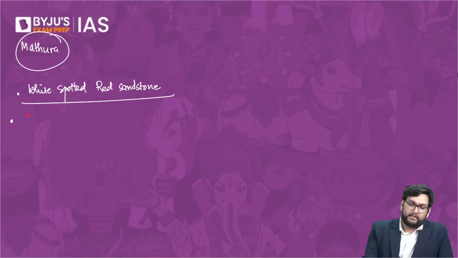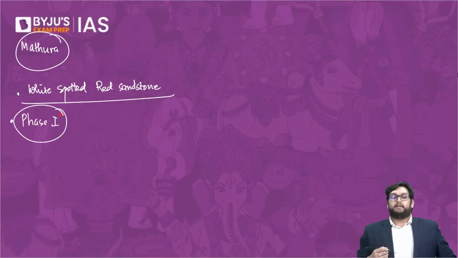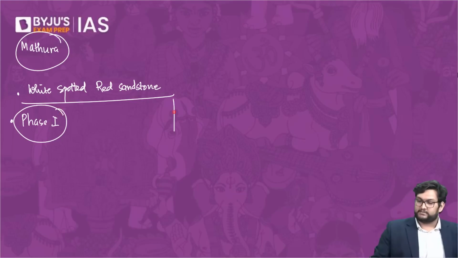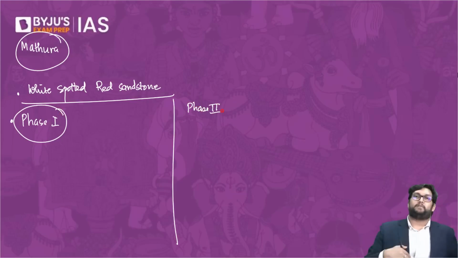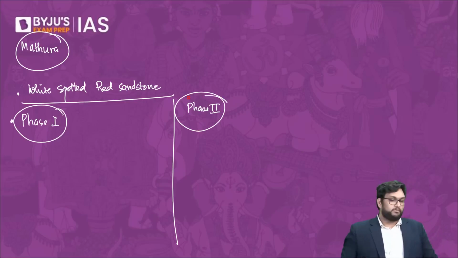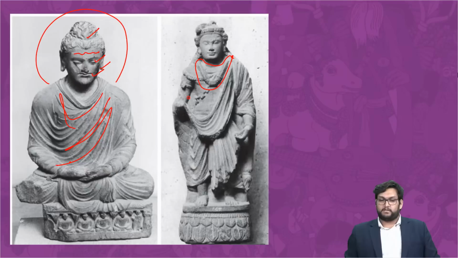It has phase 1 in which it will have its own features, and it has phase 2 in which it will get a lot of elements. First, I want to show that to you. Thereafter, we'll write it down.